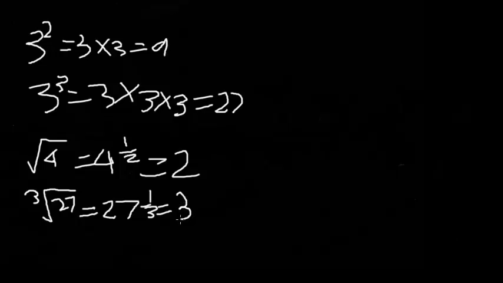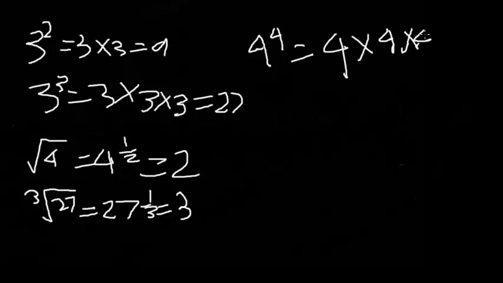So this is how indices and exponents work. Let me give you another example: 4 to the power of 4. So it's 4 multiplied by 4 multiplied by another 4 and another 4.